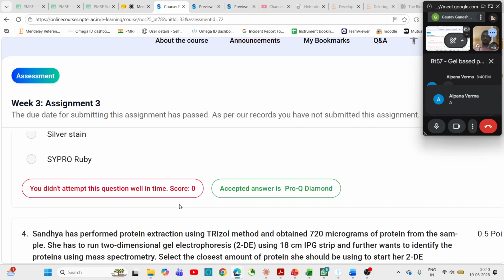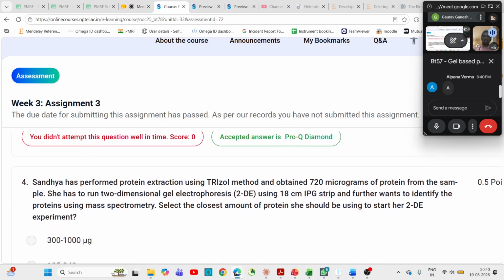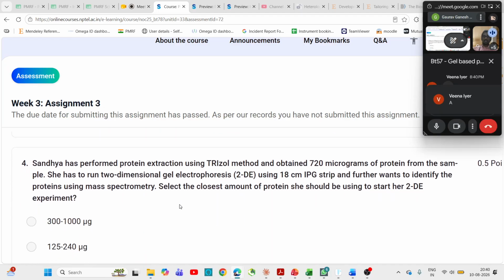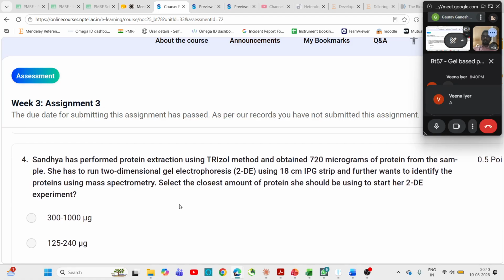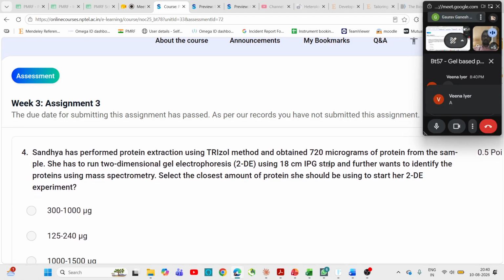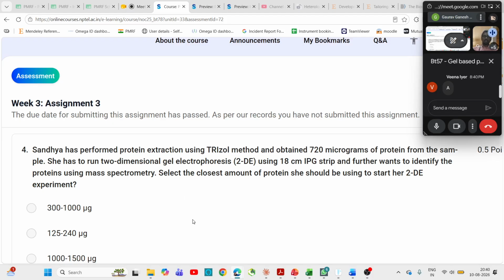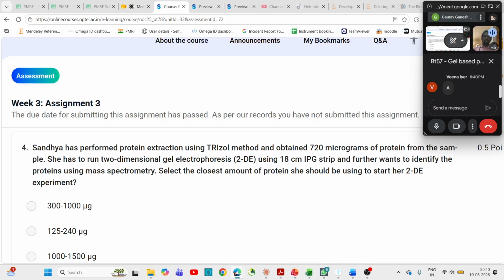So now we have used the TRIzol method, which we did in our last lecture. 720 micrograms of protein from sample. She has to run 2DE using 18 centimeter IPG strip and further wants to identify proteins using mass spec.